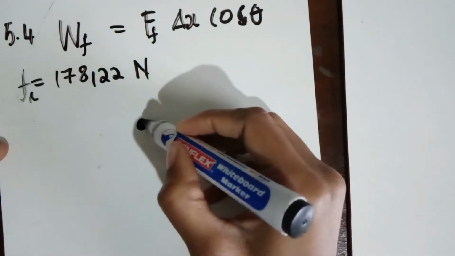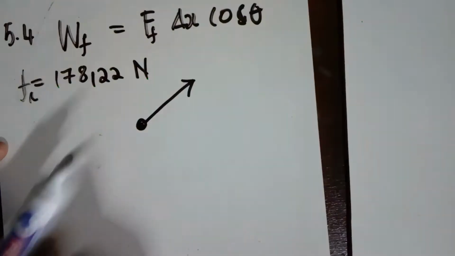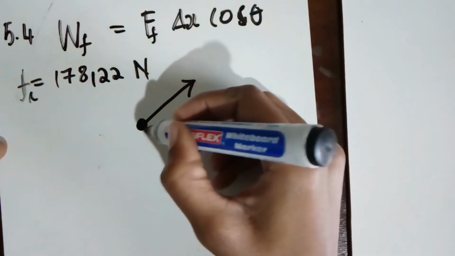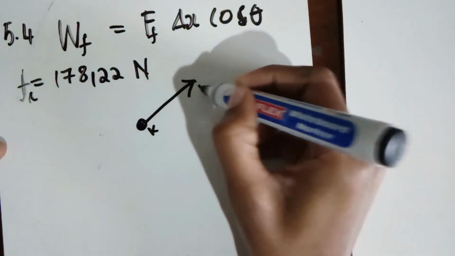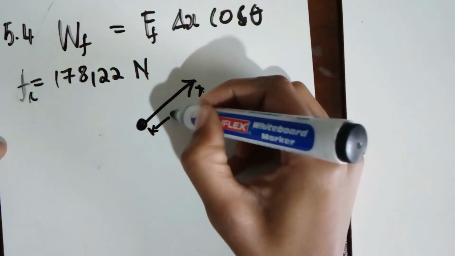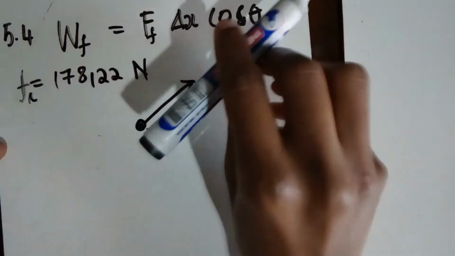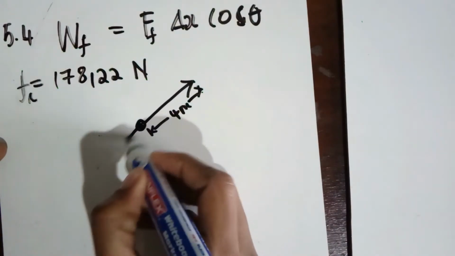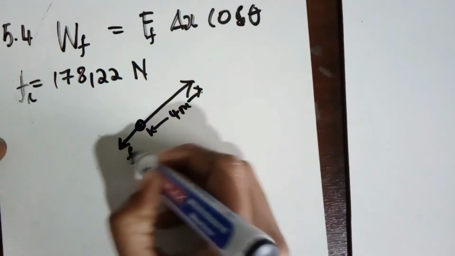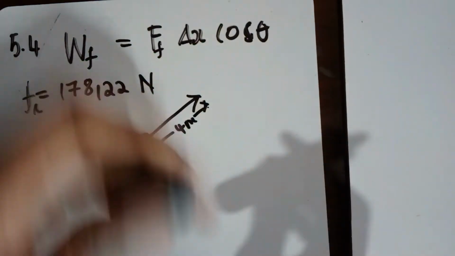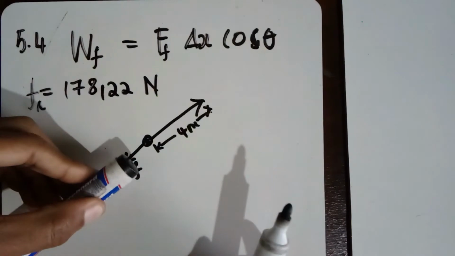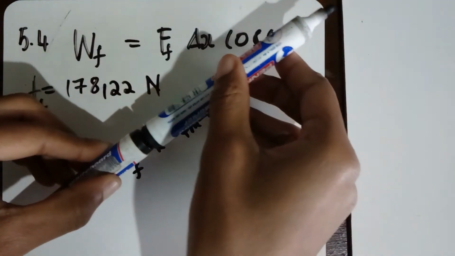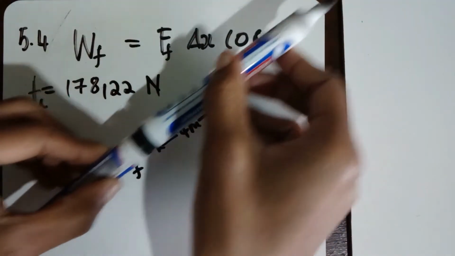Let me redraw this. We have this object that is moving up, so it is moving through a displacement from maybe here to a certain distance, which is going to be 4 meters, in that direction. But you also know that friction is pulling in the other direction. So we have friction pulling down, against motion, and we have our displacement, as our object is being pulled up.